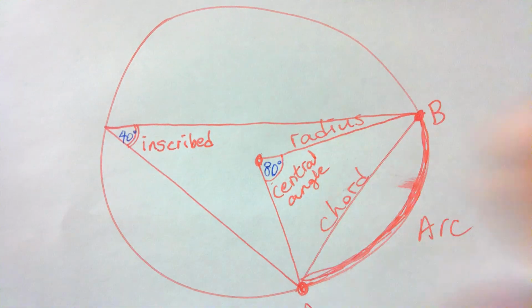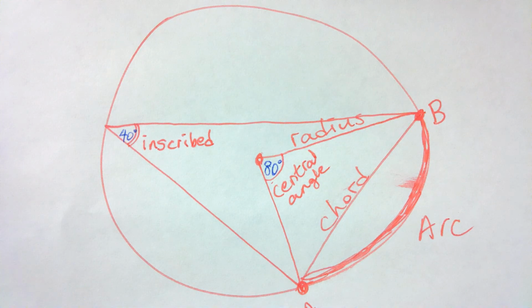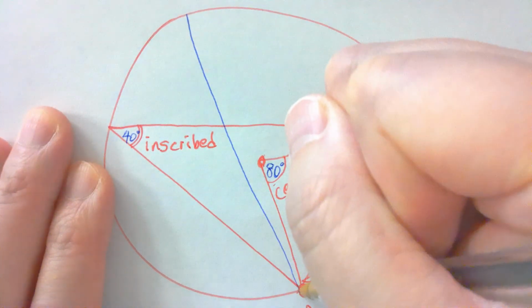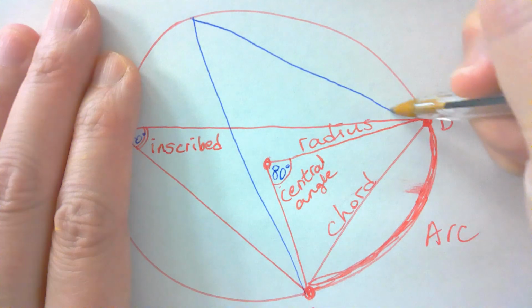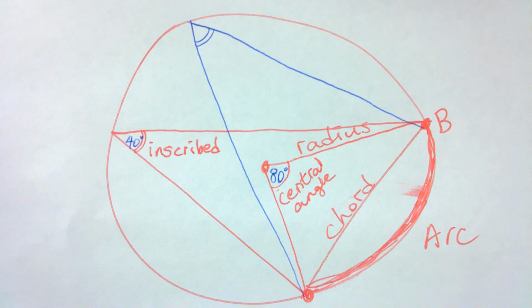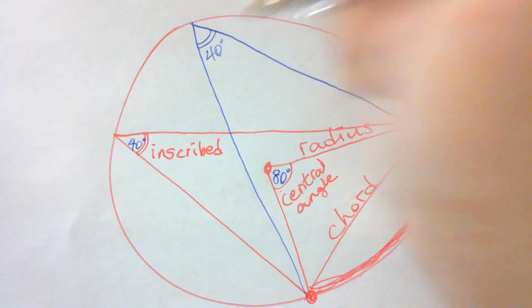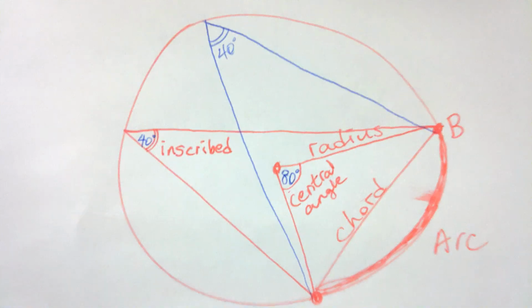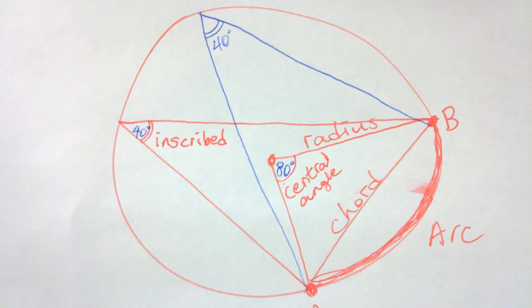What about, okay, what is this one right here? Inscribed, and it's 40. Yeah. Okay, good. So if I give you something like this on the quiz, easy marks.